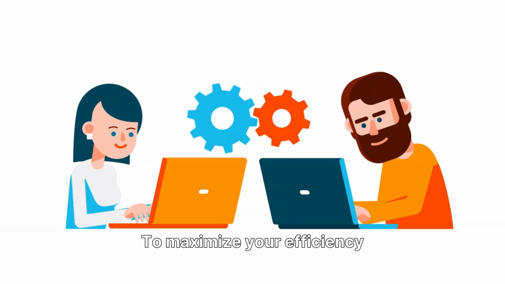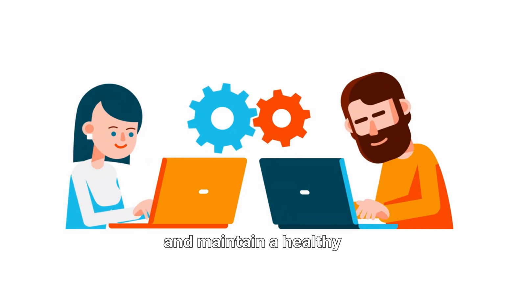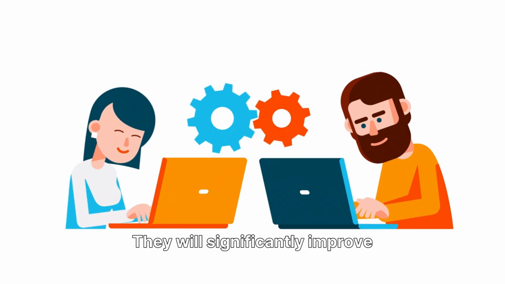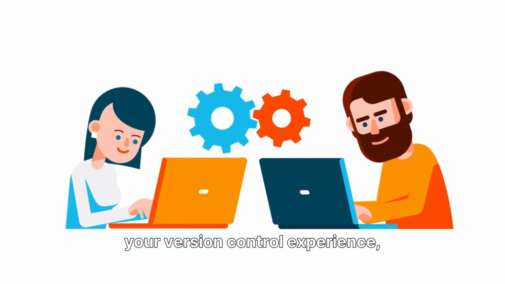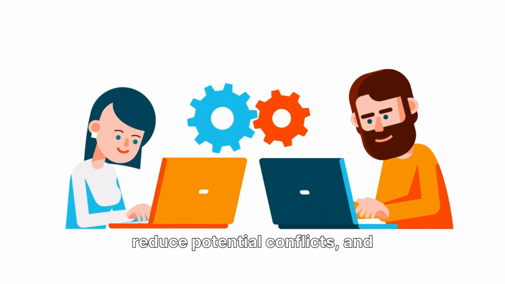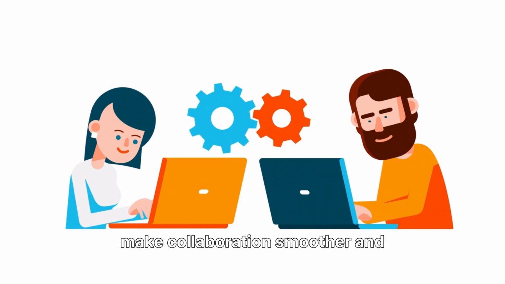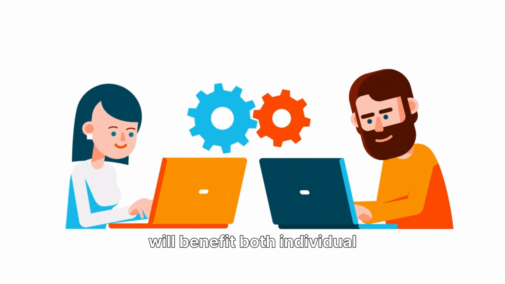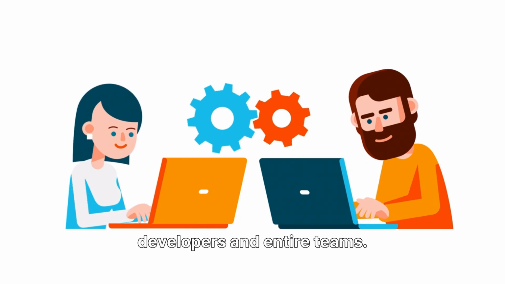To maximize your efficiency and maintain a healthy repository, follow these best practices. They will significantly improve your version control experience, reduce potential conflicts, and make collaboration smoother and more productive. Adhering to these guidelines will benefit both individual developers and entire teams.